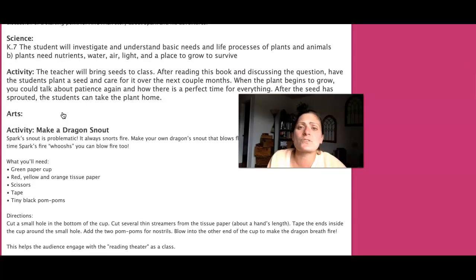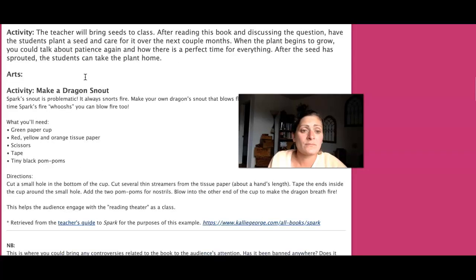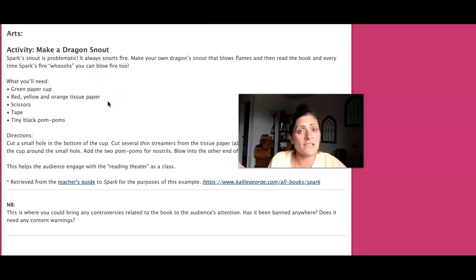You can also come up with this all on your own, like this really great one, which took the theme of patience from the book and then has a science experiment that involves waiting and time and that idea of patience. There's also creative ones like making a dragon snout. And what could this be?